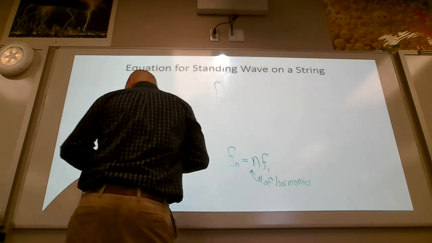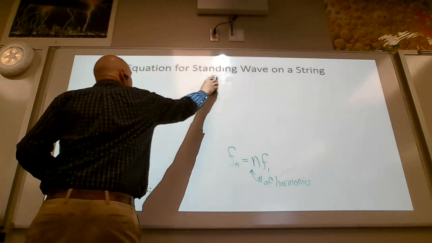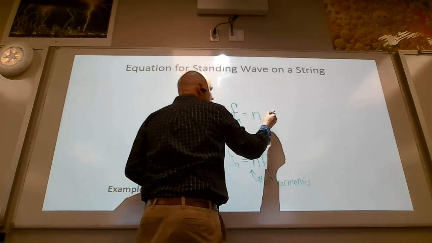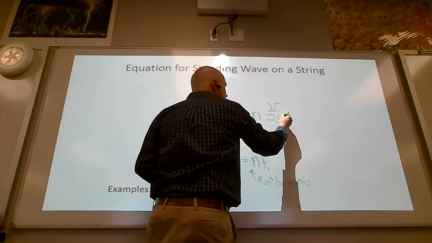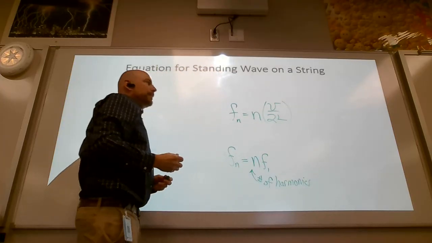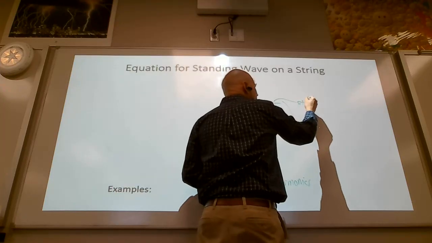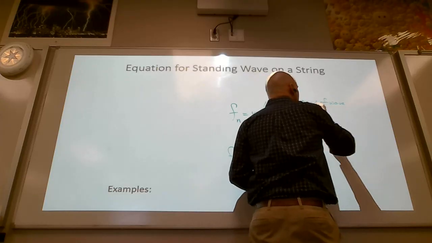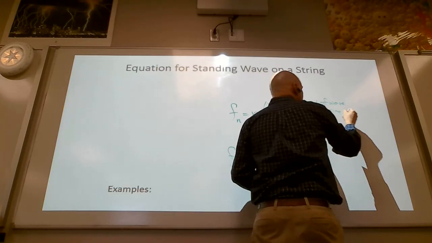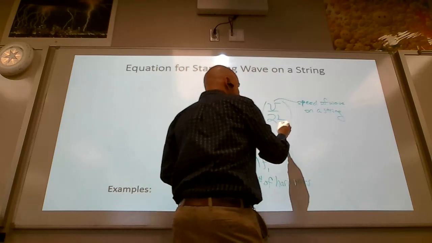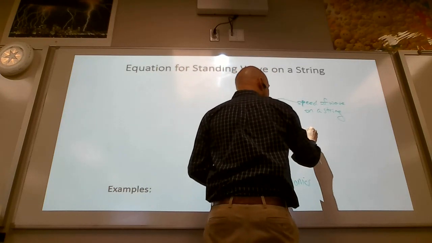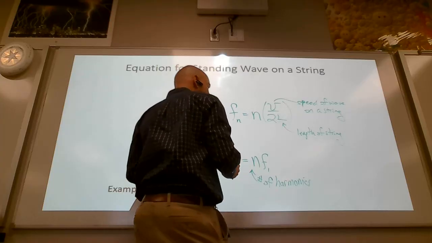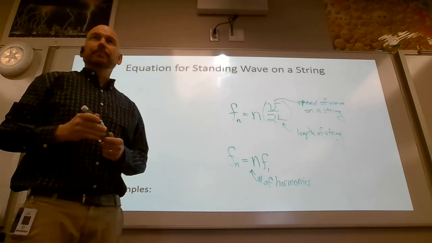This is the speed of the wave on a string, in this case a spring, and this is the length of the string, and n is the number of harmonics. Good with that?